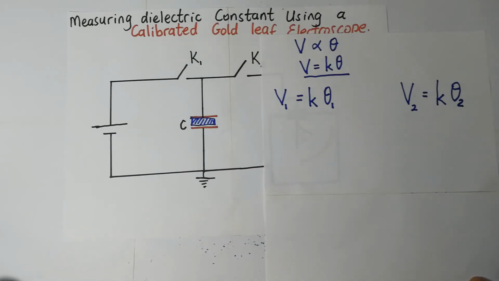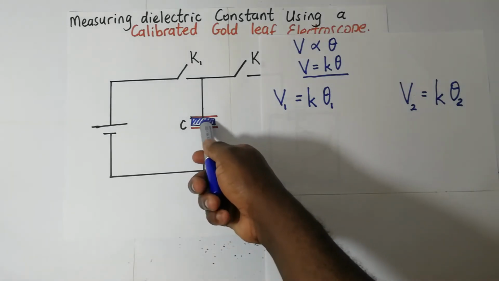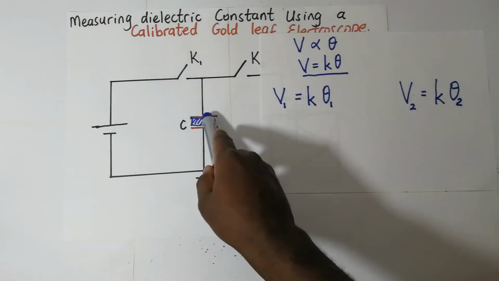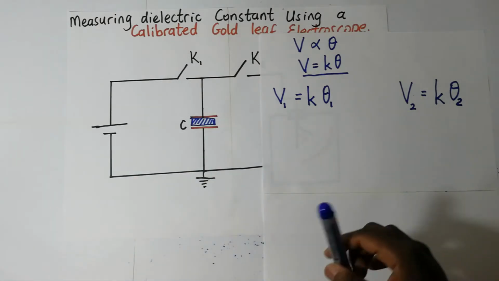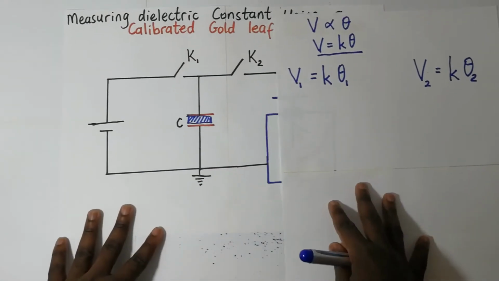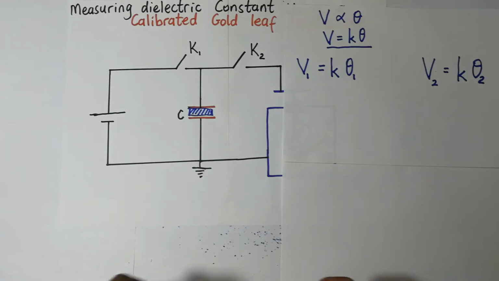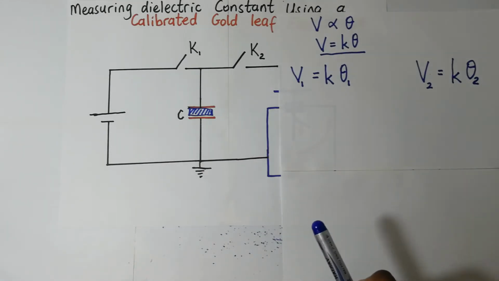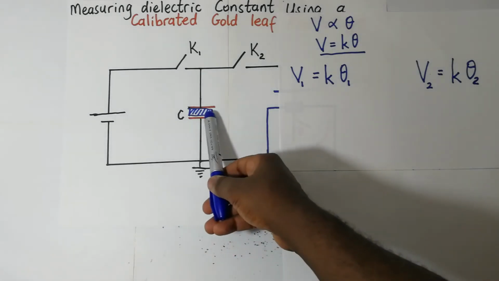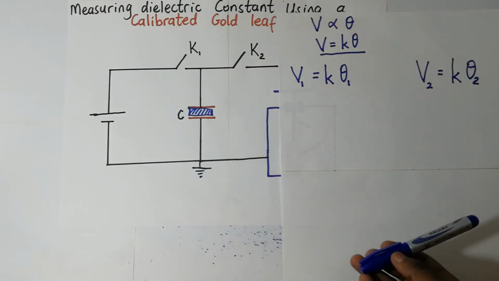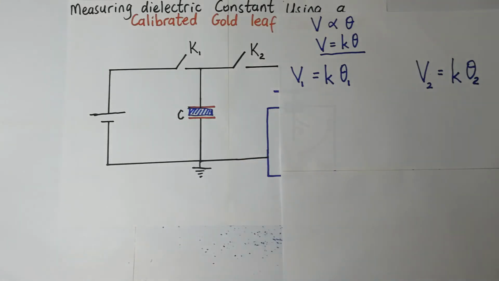It can also be defined as the capacitance of a capacitor with a dielectric between its plates to the capacitance of the capacitor with no dielectric, in other words with a vacuum between the plates. So we are simply going to use the second definition, and find the expression for the capacitance of the capacitor with the dielectric between the plates to the capacitance with no dielectric between the plates.